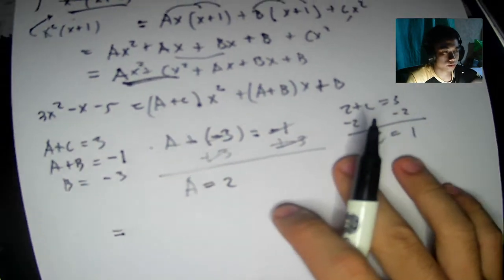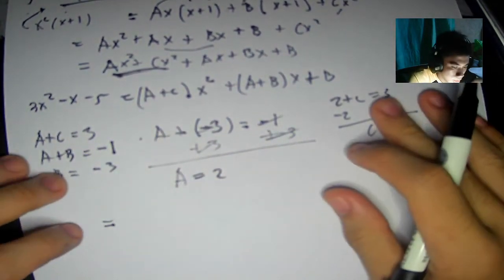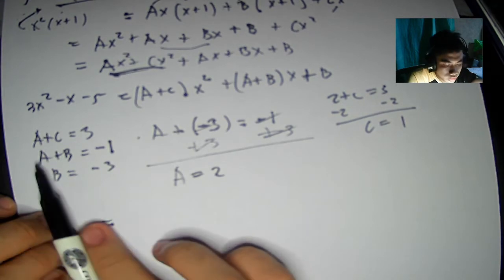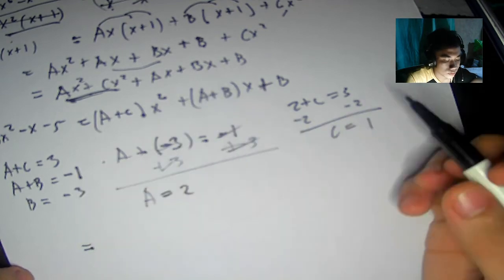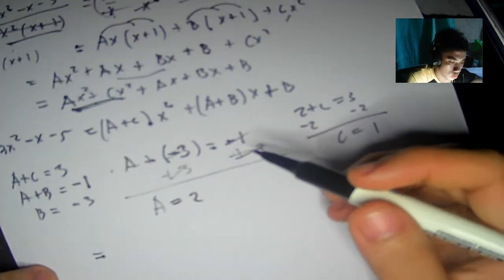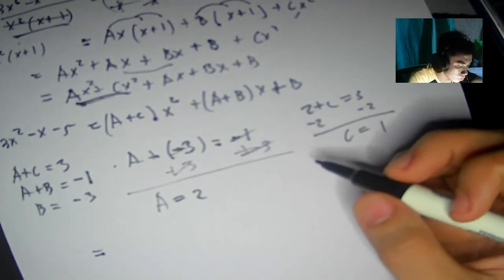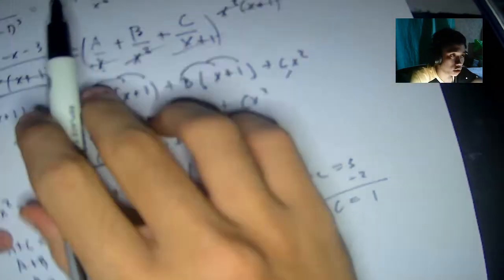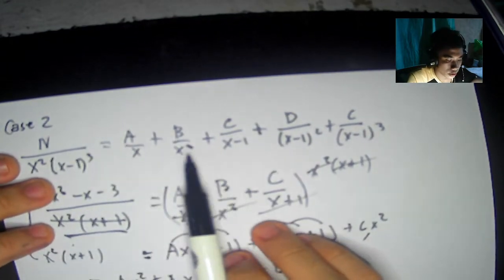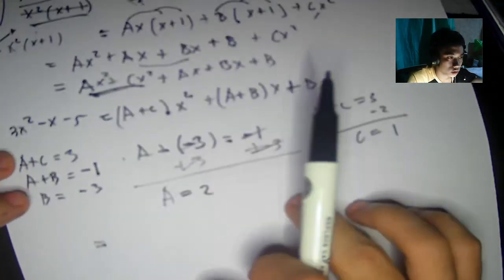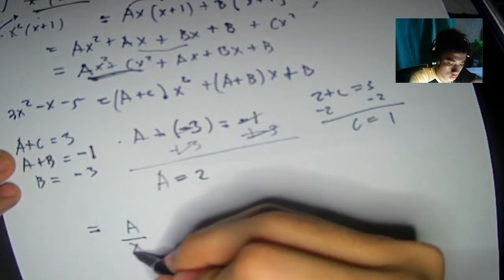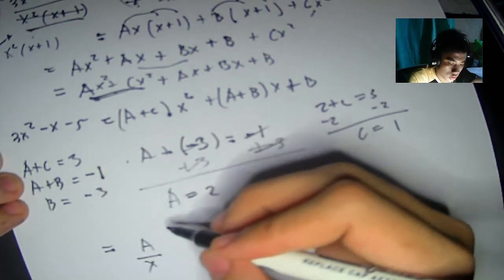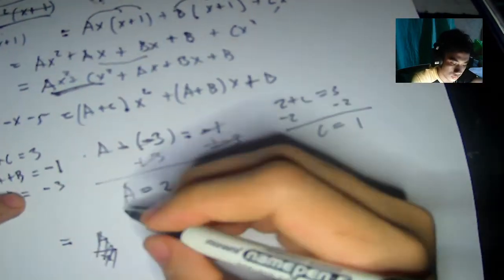Okay, so we have our values now. We didn't find b because there's no need, we already have b, so it's negative 3. So what we'll have here is, substitute this one: a over x minus 1, b over x squared, c over x minus 1.